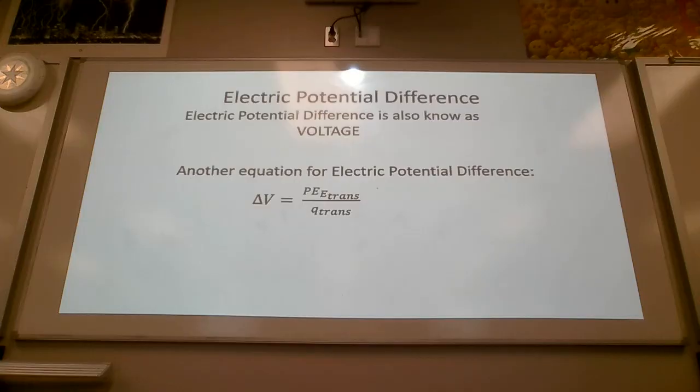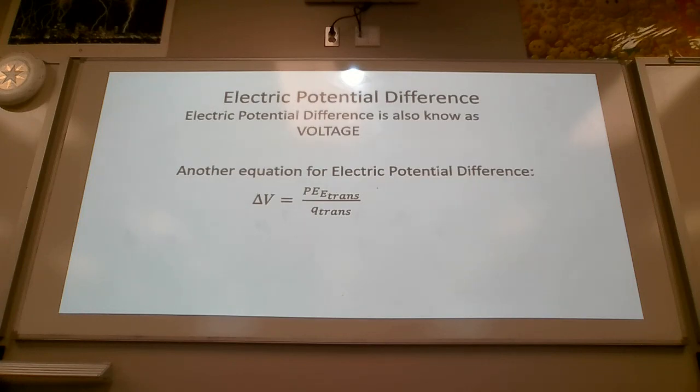I'm assuming you've heard of that term. You probably don't have an accurate understanding of what it is. Some of you might, but most of the time when you hear something used in everyday life, it usually has some wrong conclusions. So today is devoted to getting you straight on what voltage is and what it is not.